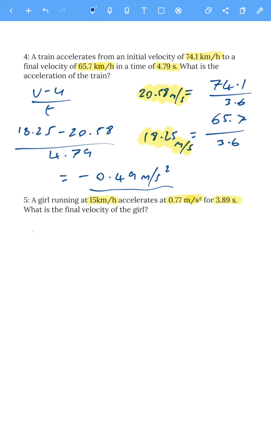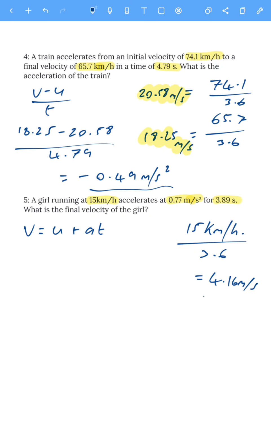So for this one, we're going to do v equals u plus at. So we've got the initial speed, 15 kilometers per hour. We've got the acceleration and we've got the time. We simply need to convert the 15 kilometers per hour into meters per second. So to do that, remember, we just divide by 3.6, which is 4.16 meters per second.